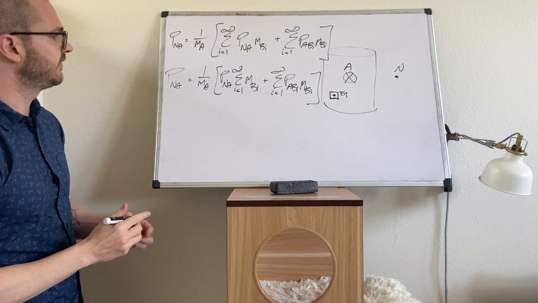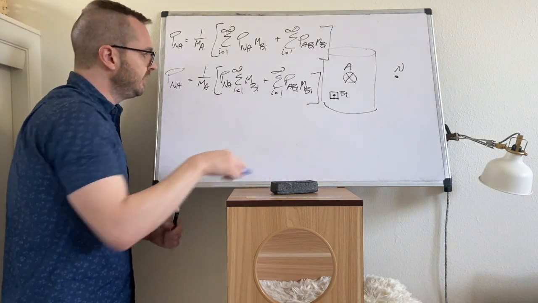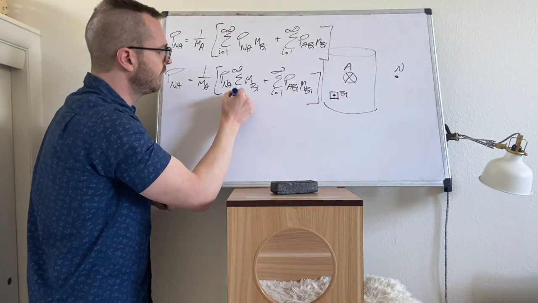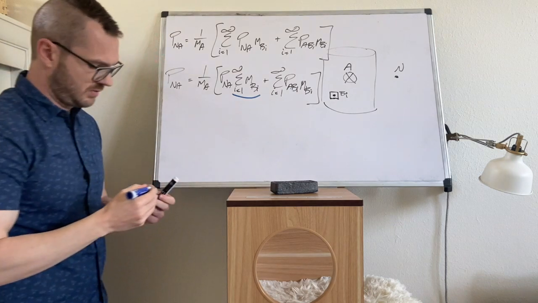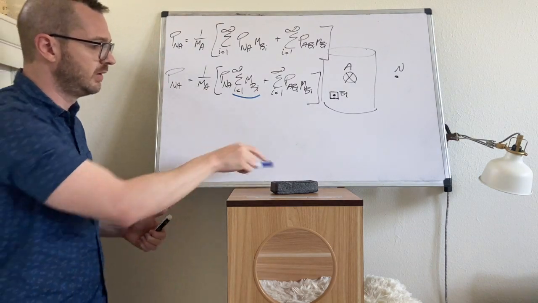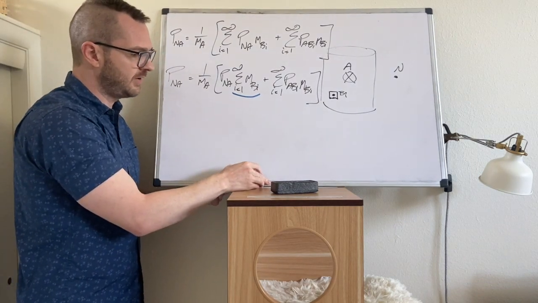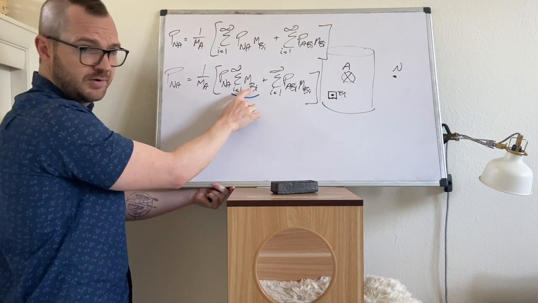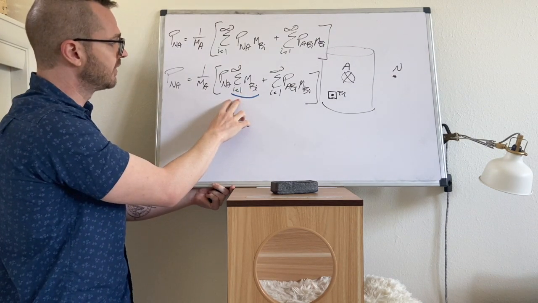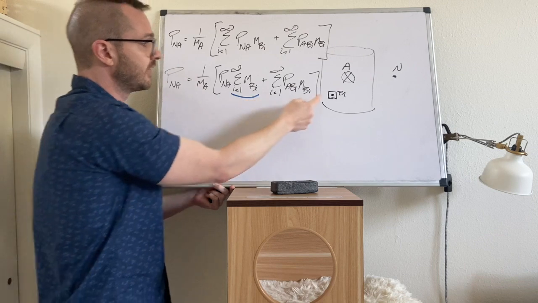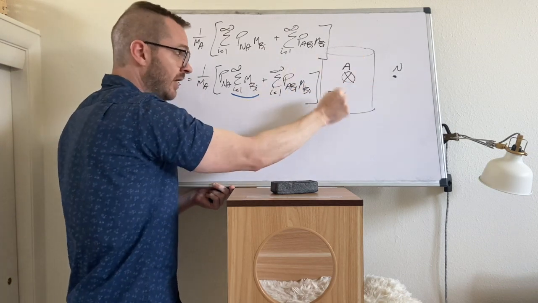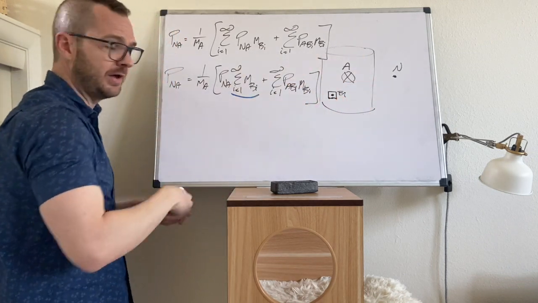Now, what does this tell us? This piece right here, what is that? Well, we're literally saying take all of the differential masses, MBIs, and sum them all together. If you take this mass and that mass and that mass and that mass and add them all up, you get the mass of the whole thing.